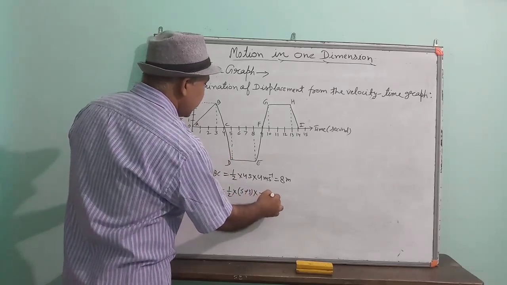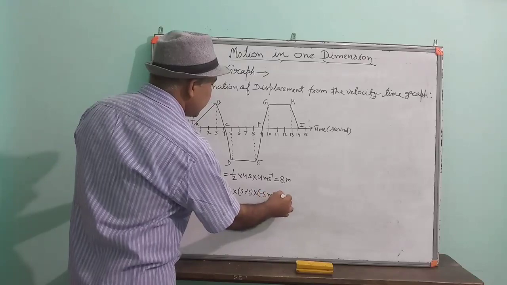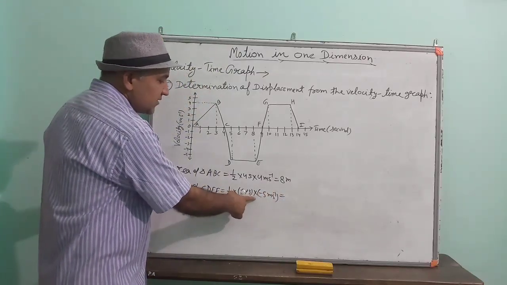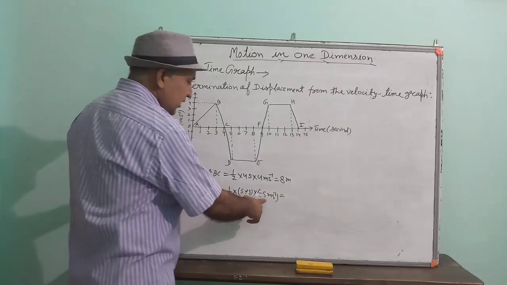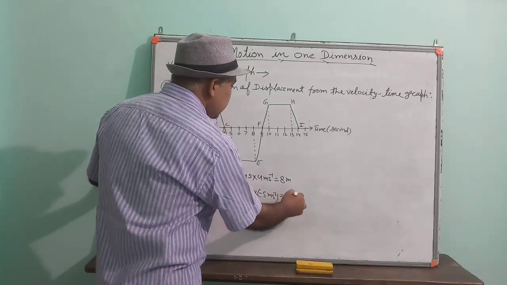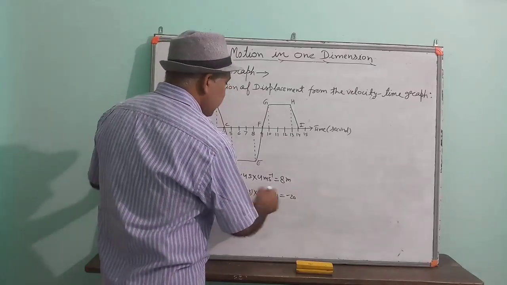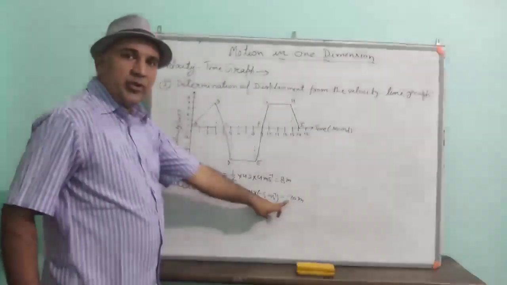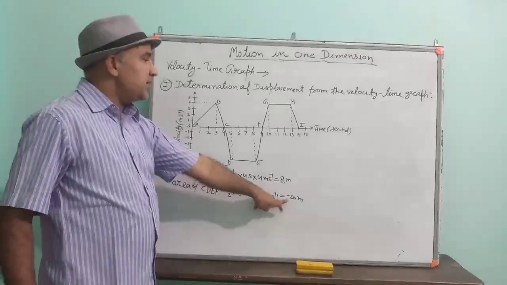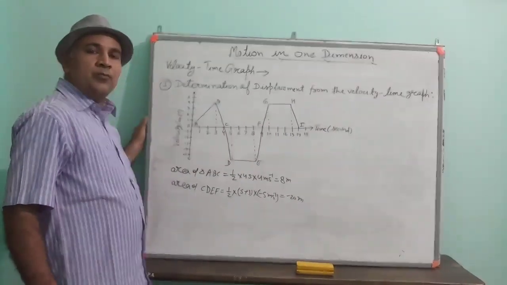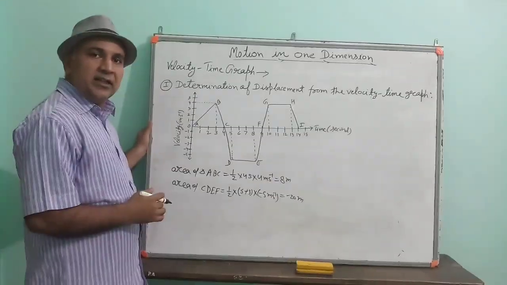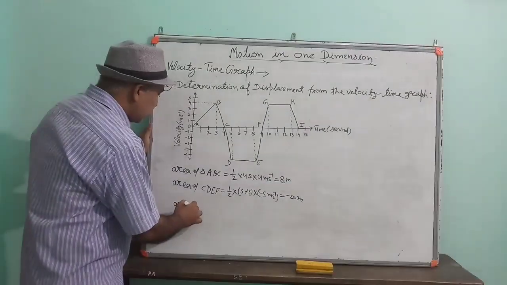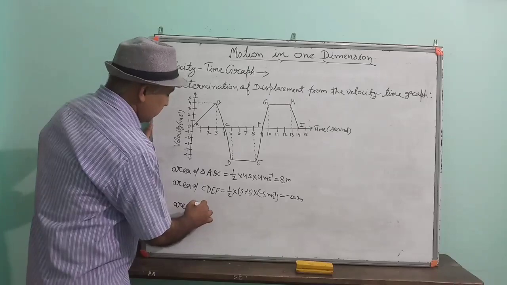The velocity is minus 5 meters per second. Understood? By solving it, it is minus 20 meters. See, the negative sign shows negative displacement, meaning the object is returning towards the initial position.